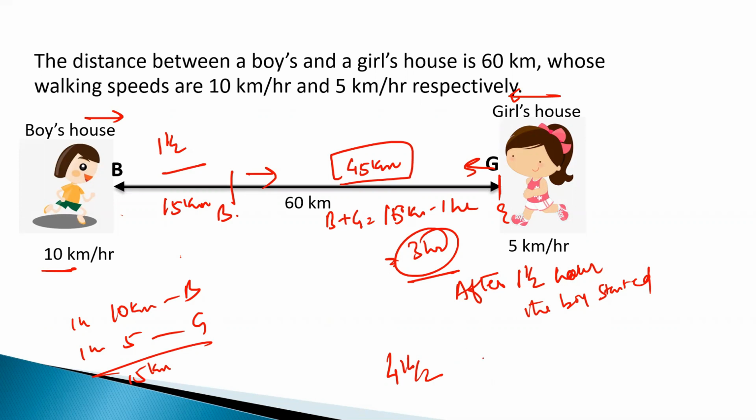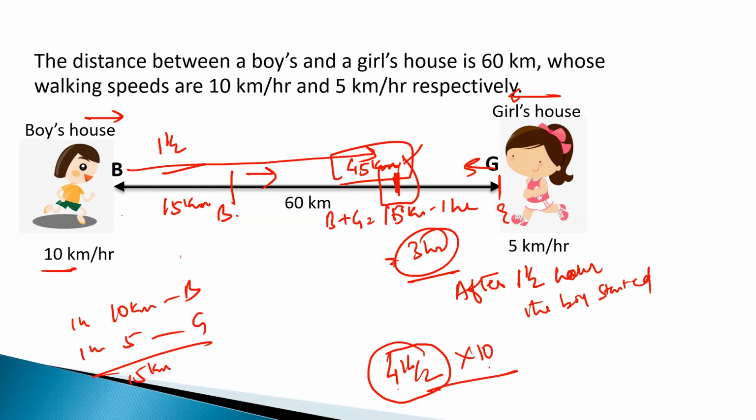That's very simple. Now if they meet at some point here, and they ask what is the distance covered by the boy, we know the boy has walked for 4.5 hours.